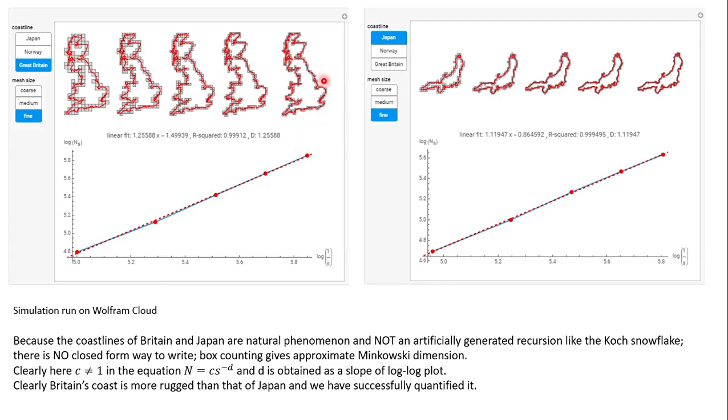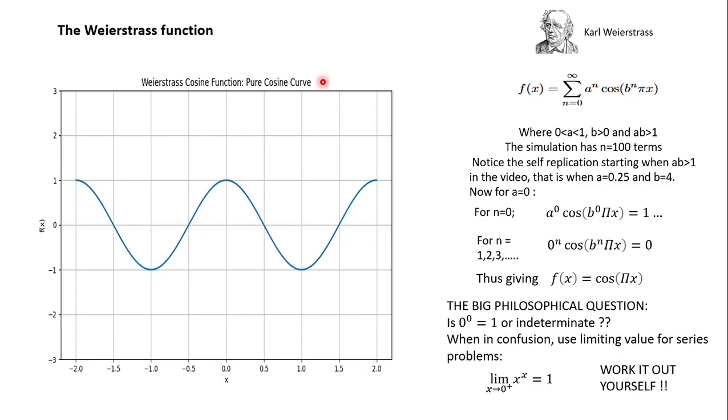So at least relatively we can safely say that the coastline of the British Isles is more rugged than the island of Japan.